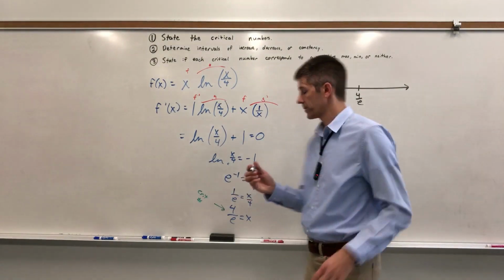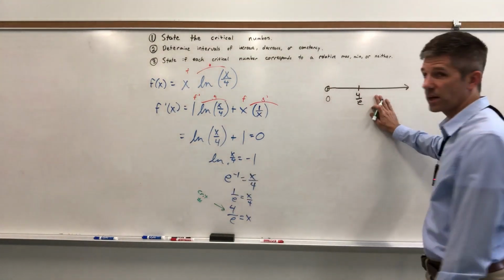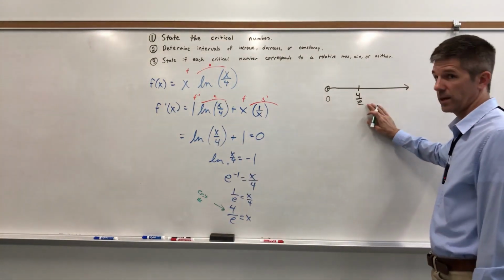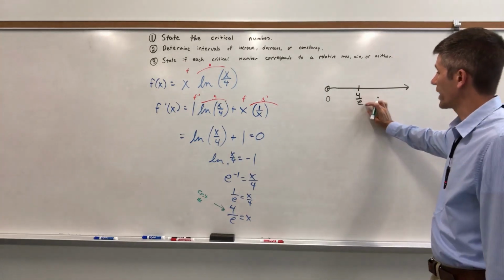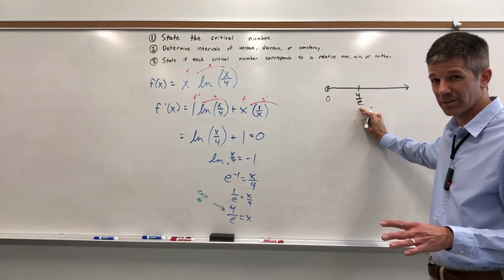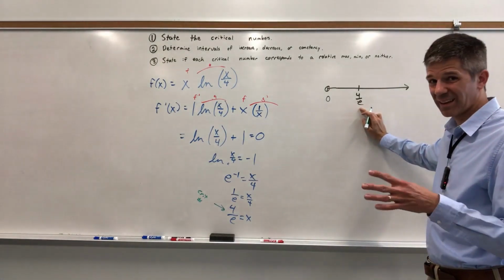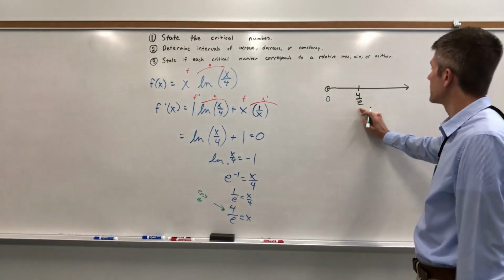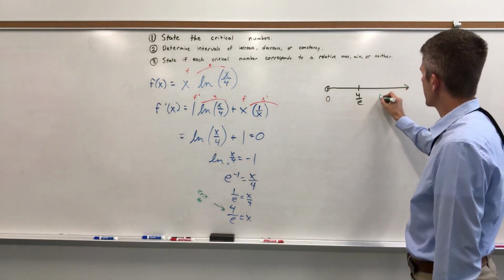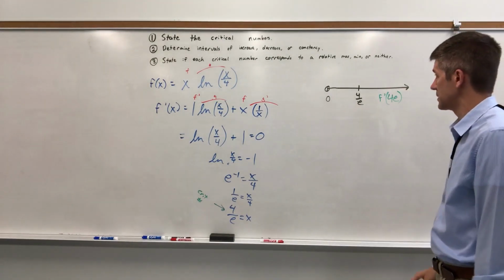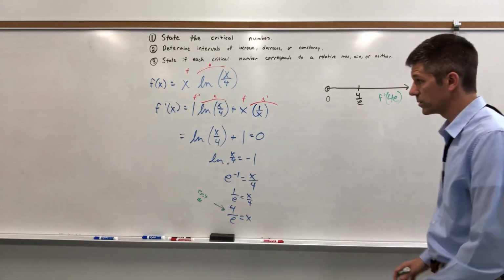I'm going to write everything down. So I'm going to pick a number that is bigger than 4 over e. 4 over e is, okay, 4 divided by about 2.7 is small, right? 4e is larger. I'm going to find out what f prime of 4e is, and when I do, plug it in.